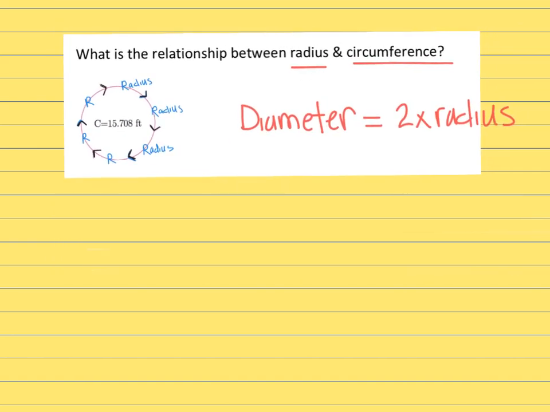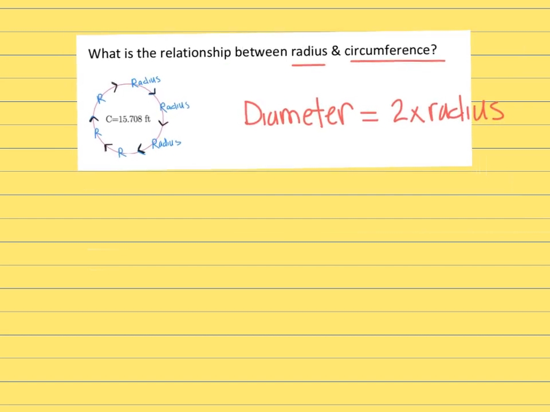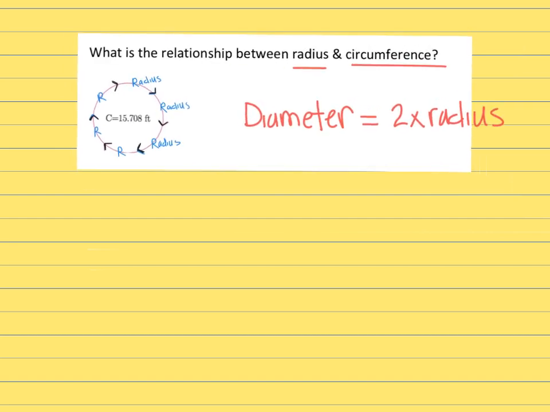Now, if I need to show that in a formula or numerically, the way you find circumference using radius, circumference equals 2 pi r. Now, if I set this one up like I did the last one, circumference again is set up to be 15.708, and that's going to equal 2 pi r.